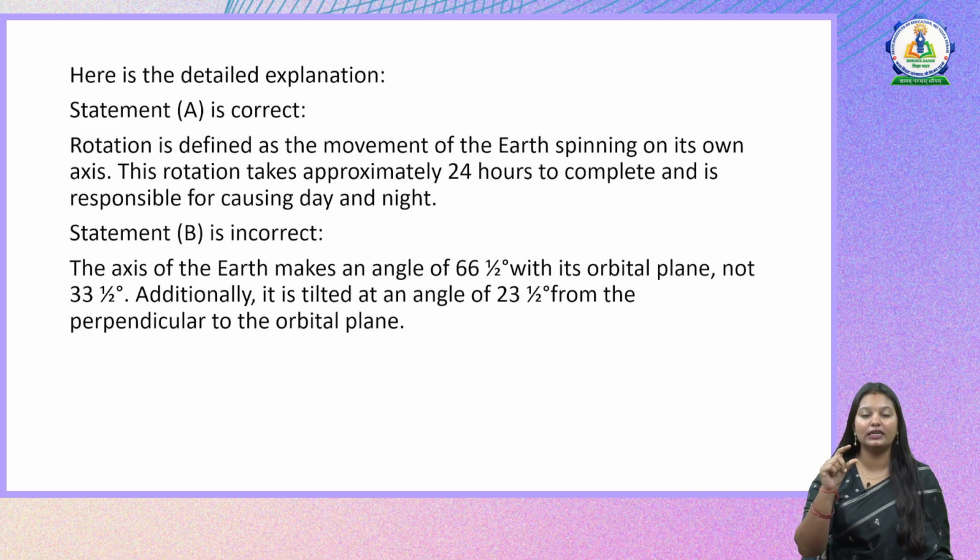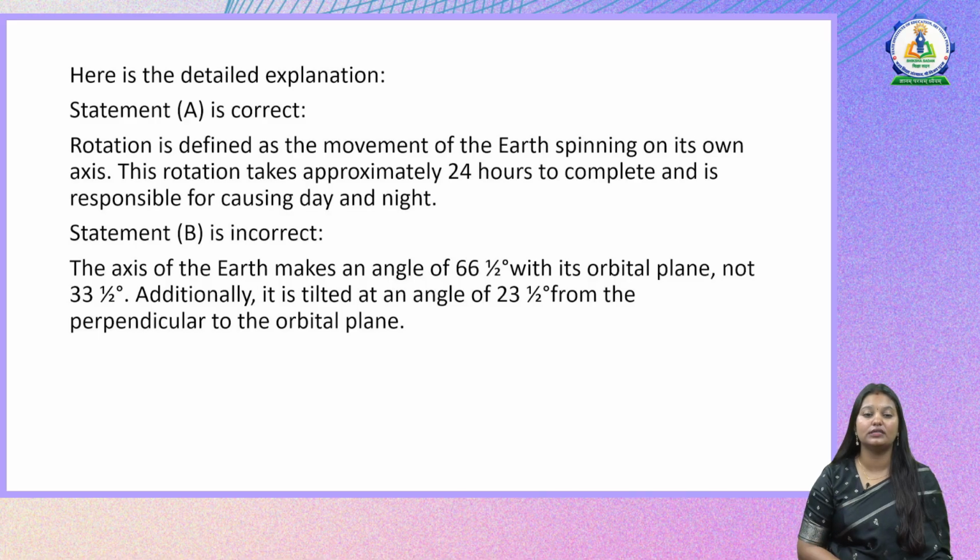Let us look into it a little bit more. Rotation is defined as the movement of the earth spinning on its own axis. The rotation takes approximately 24 hours to complete and is responsible for the occurrence of day and night.